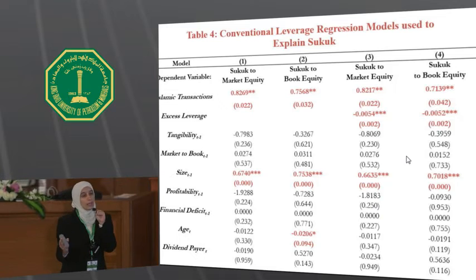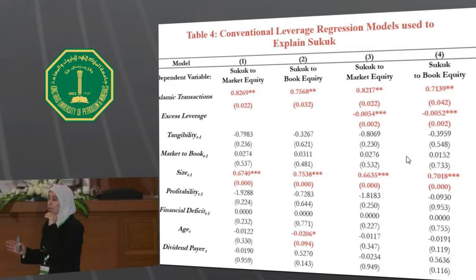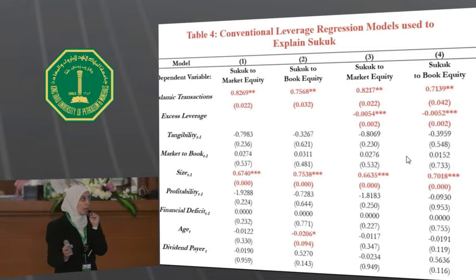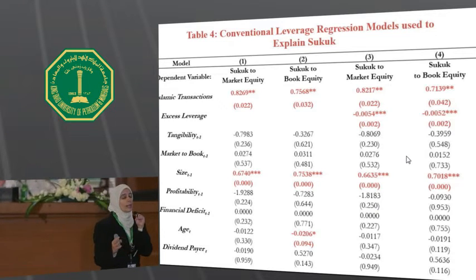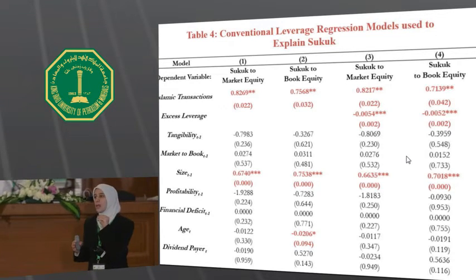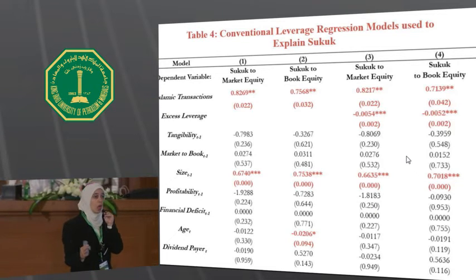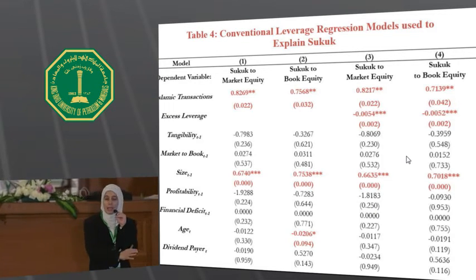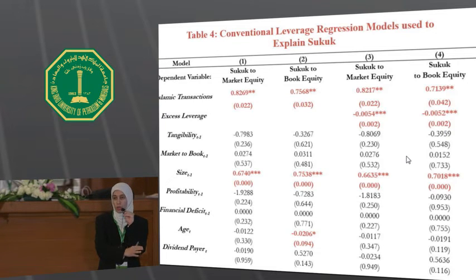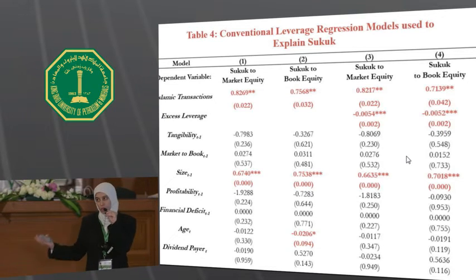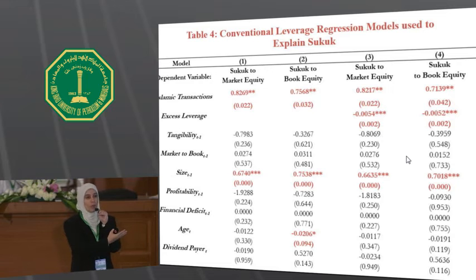And of course, it's significant and positive. However, I'd like to inform you of some important statistics: 73% of the firms that had sukuk also had other Islamic investments or Islamic short-term or long-term financing, which is why we have this significant positive coefficient.